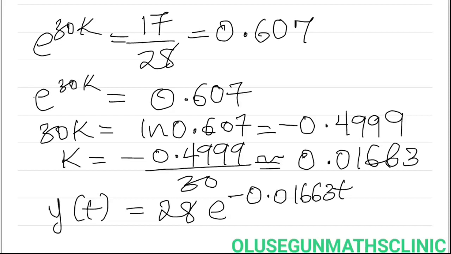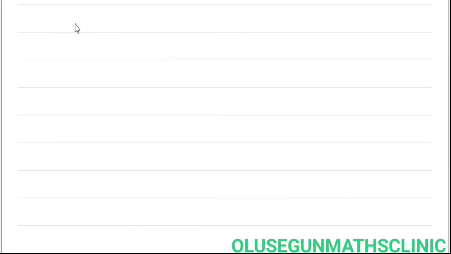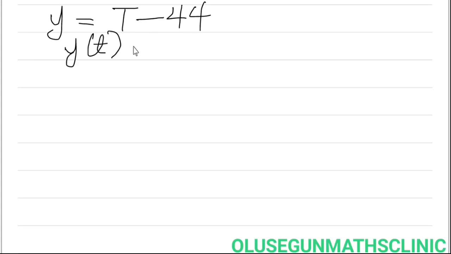But recall, I started this equation from one thing. In variable changes, I said the temperature minus 44, the original temperature minus the temperature of the surroundings. Now we want to use this value to bring another very beautiful equation to say y of t will give us T of t minus 44.